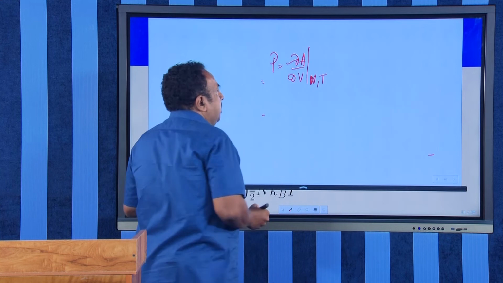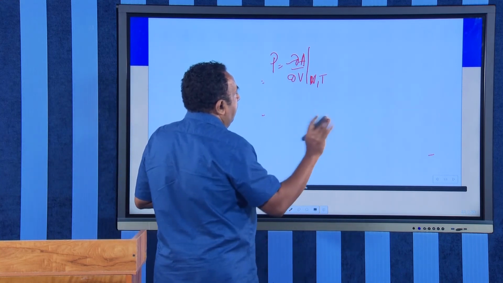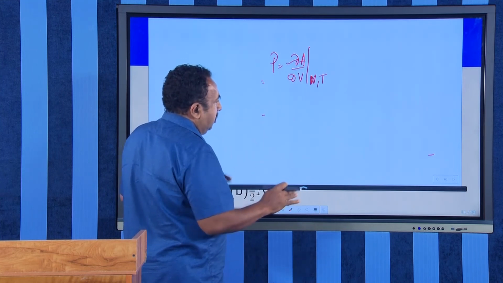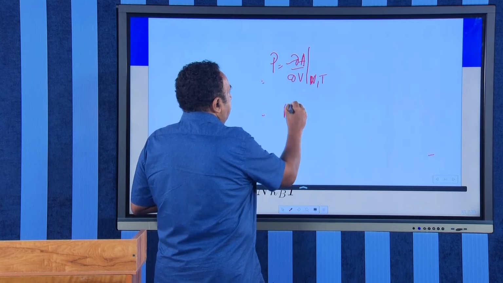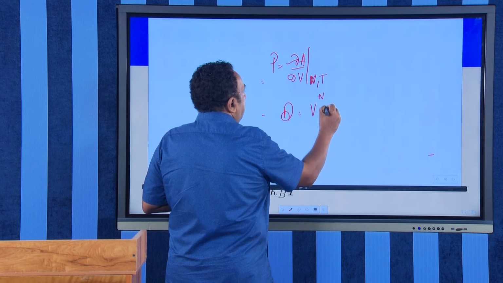Therefore, if your partition function contains N and T, they will be acting as constants, and the derivative will be only with respect to V. Suppose the partition function Q is V raised to N, some e raised to N.